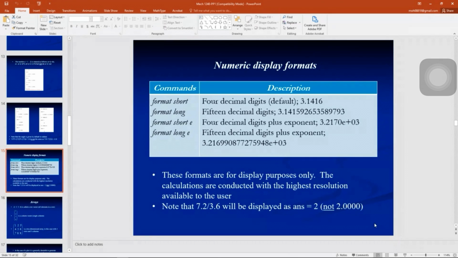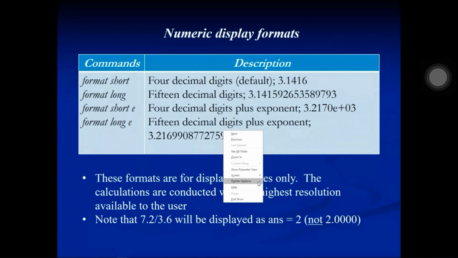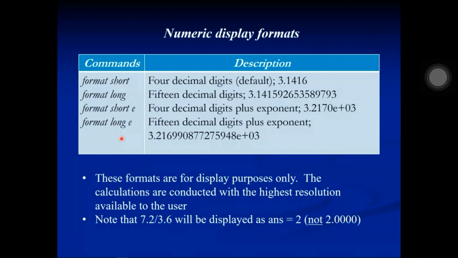So the next topic here is about format. We already discussed format short, format long, 4 digits after the decimal point, 15 digits after the decimal point. And we have the same situation for the engineering or scientific display, or whatever other type of labeling, right?